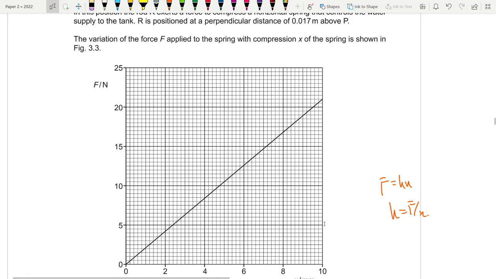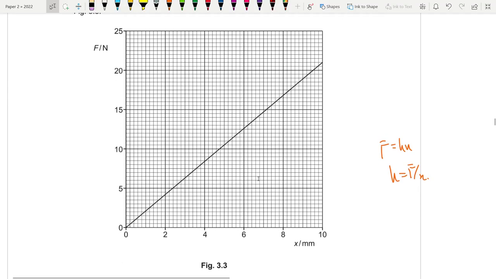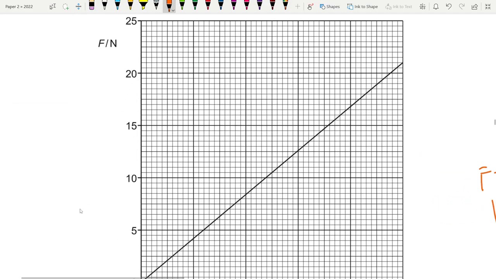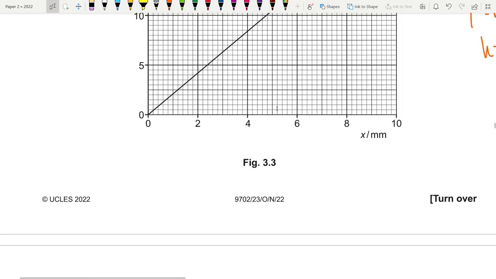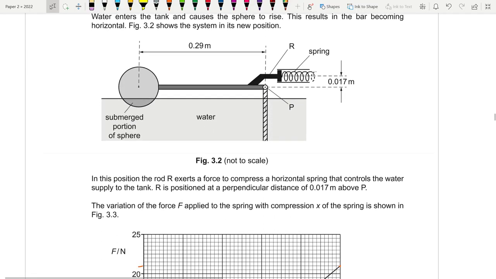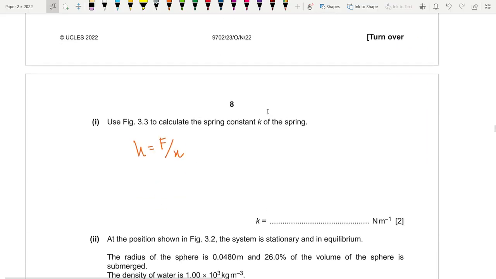We can take any point. So what are we going to opt for? I told you we usually take the last point, so that's 21 newtons, and the compression is 10 millimeters.